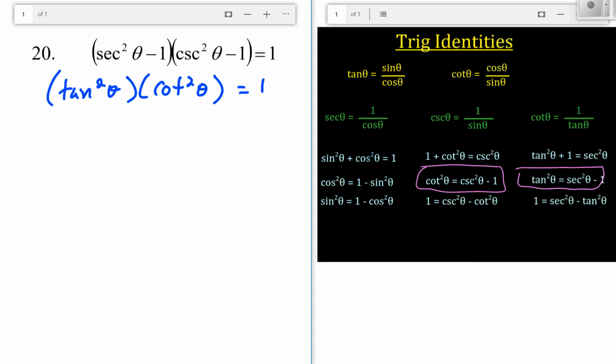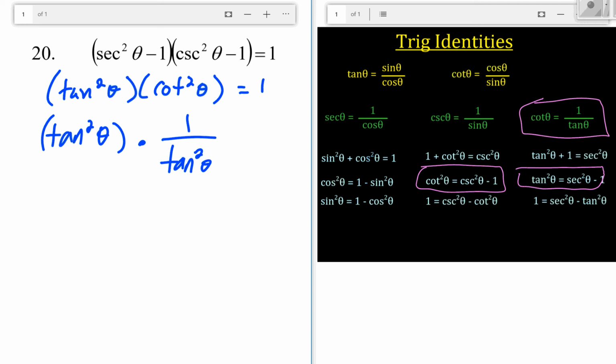And if you know that these two are reciprocals, that cotangent is 1 over tangent, then this would be tangent squared theta times 1 over tangent squared theta, and those would cancel out, and you'd be left with 1 equals 1.